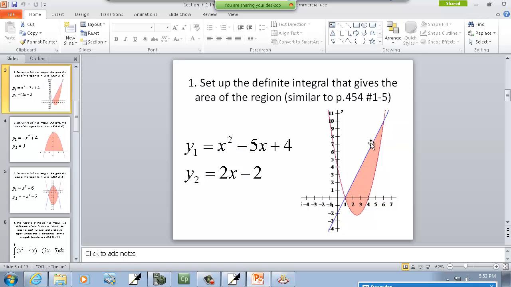Well, obviously the blue graph, the line, which is y2, is above this right here. It looks like it's going from 1 to, don't know what it's going to, 6 maybe? So from 1 to 6, and this is above and this is below. Well, let's find the points of intersection and see if that truly is 1 and 6.